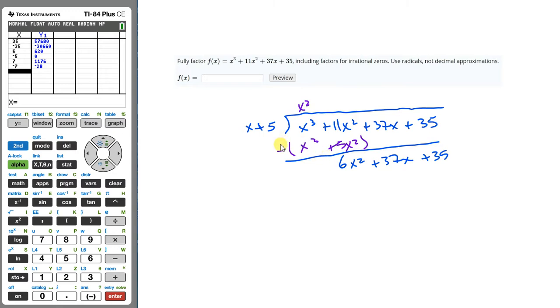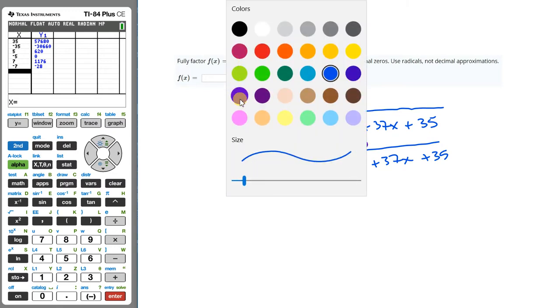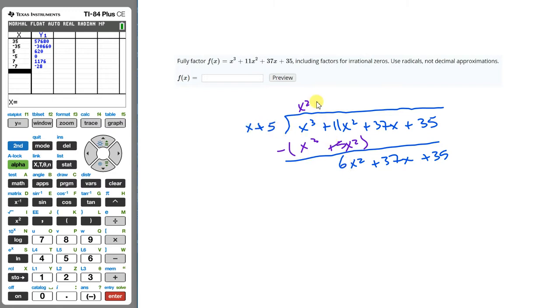Or you could always change it to addition and change the two signs. Now, how do I make an x look like a 6x squared? I need a plus 6x. 6x times x is 6x squared. 6x times 5 is 30x. Subtract.